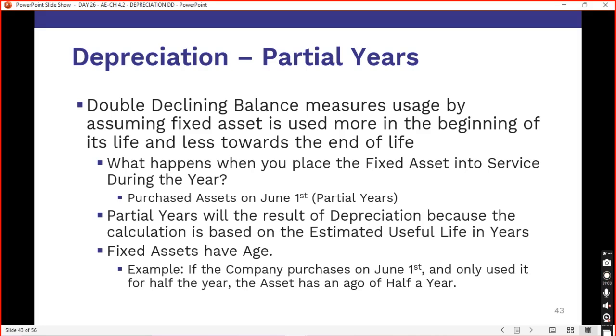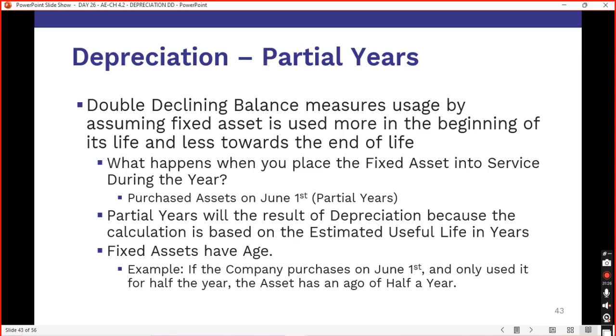Since the estimated useful life is measured in a full year, if I've only used it for, let's say, 3 months out of the year, I need to know that means I cannot depreciate my asset for 1 full year. I have to divide it by the number of months I've used it.